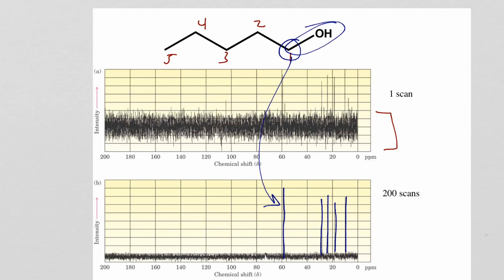So it is very electronegative, therefore it is shifted downfield away from zero, away from the TMS peak. The other peaks are all appearing in this area and probably are going closer to 0 ppm depending on how far away they are from that hydroxyl group.